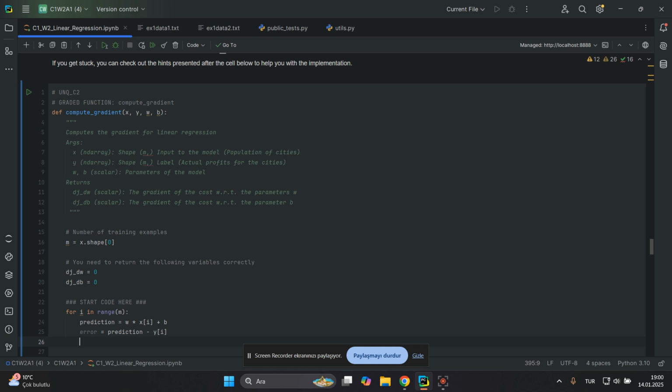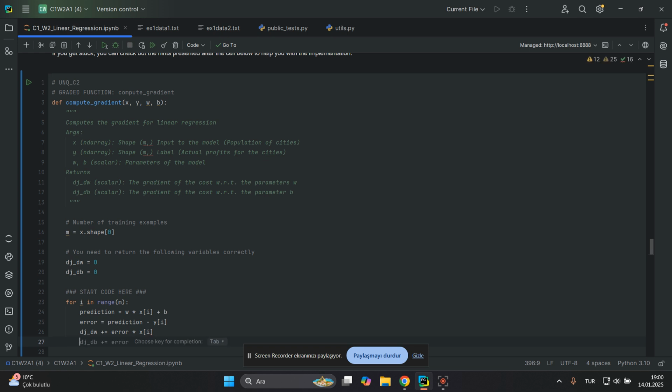After that I have to use this example: dw plus equals error times x[i], and likewise for db.